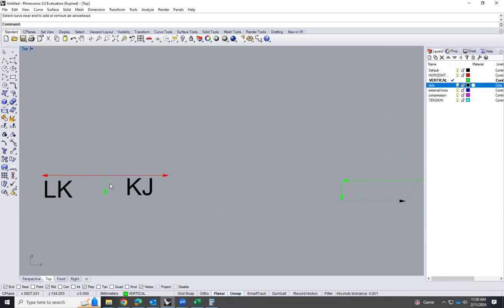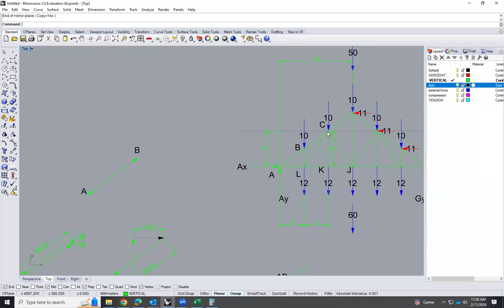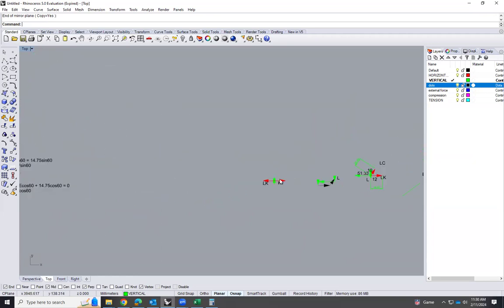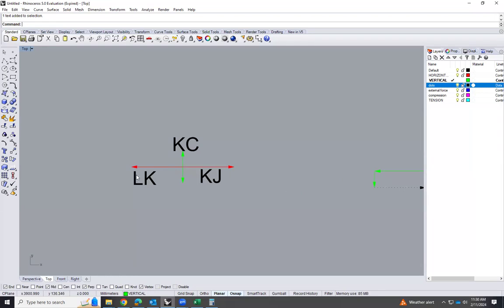So that's 12 going down. And now the same, it's going to be 12 going up. So this is KJ, and that will be KC. So KC is this one. KJ is the same as this one, and KC is the same as the other one.